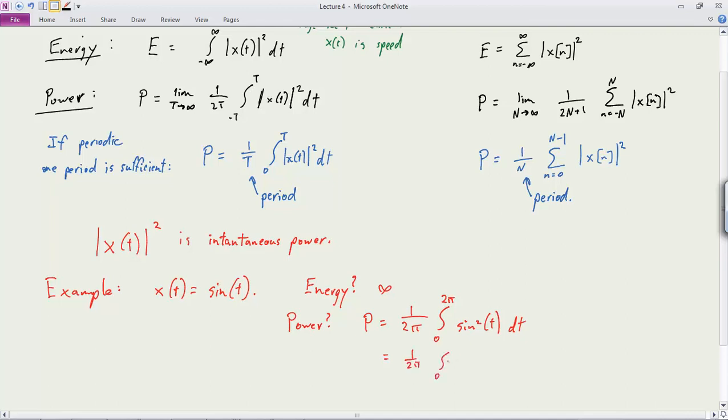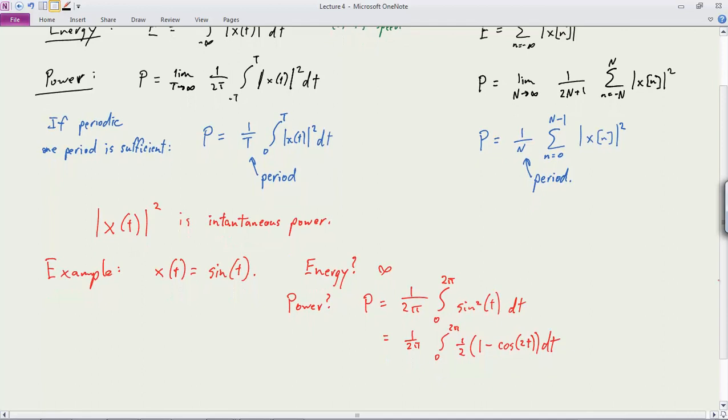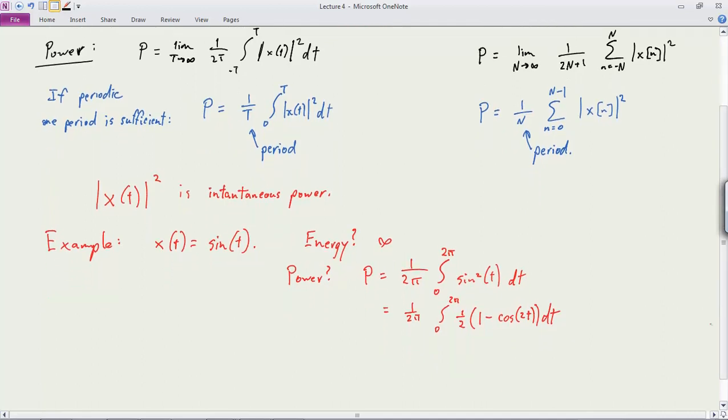And to do this integral, we just replace sine squared with our trig identity, which is that that's 1/2 times 1 minus cosine of 2t. And cosine is periodic with average about 0. So integrating cosine over one period, as you would expect, is 0. So really, it's just an integral of 1 over a period of 2 pi. That 2 pi cancels that one. We get a half. So the power of sine of t is a half.